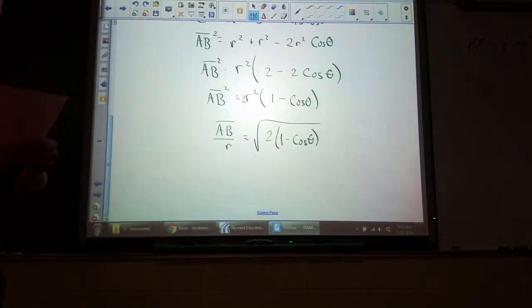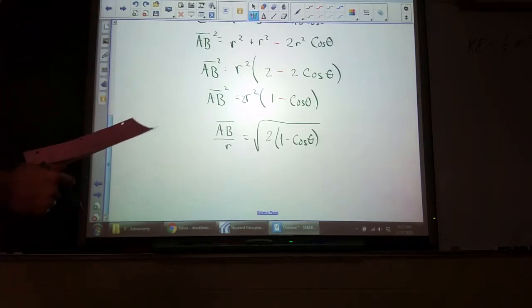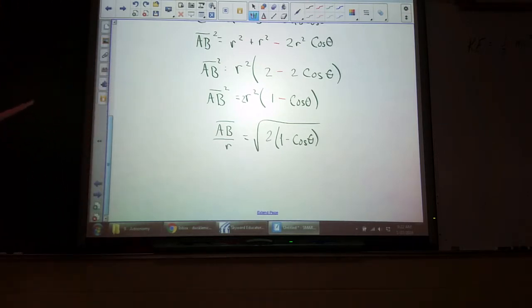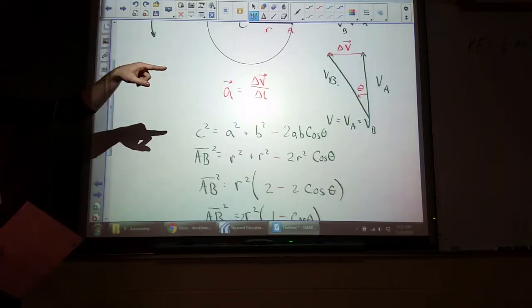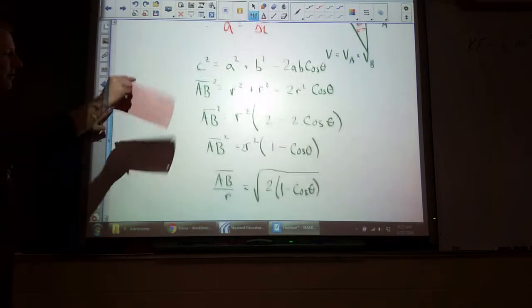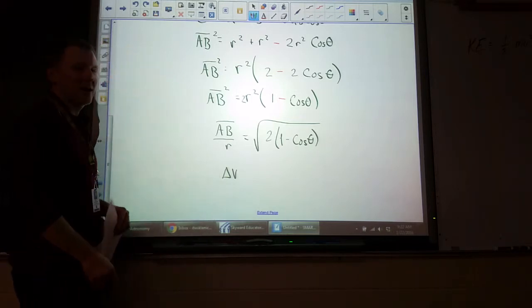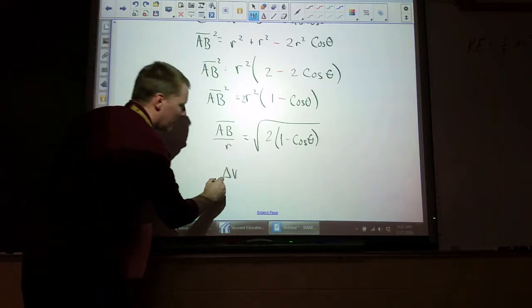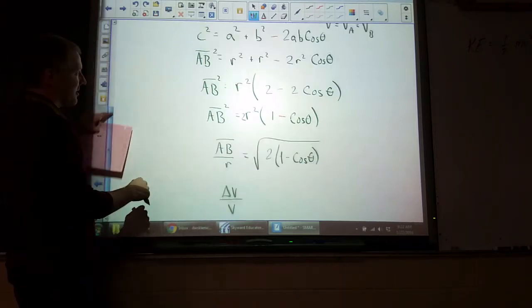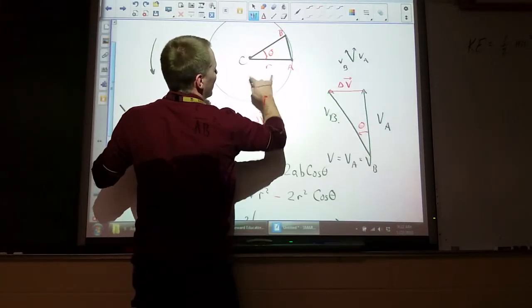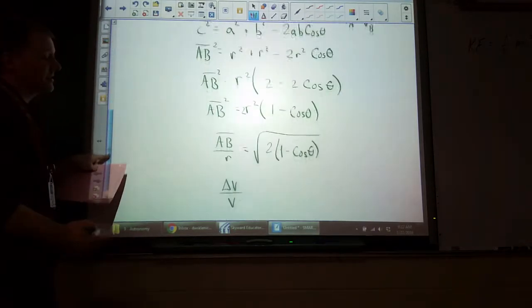Okay, now if we did this exact same thing with my other similar triangle with the velocities, I'm not going to run through all of this, but we'd get a really similar find here, namely that the far side of our triangle, which we said was the change in velocity, over the length of each side, so that's this side over these, just like we have the length AB over R, we'd find the exact same thing because these are similar triangles.